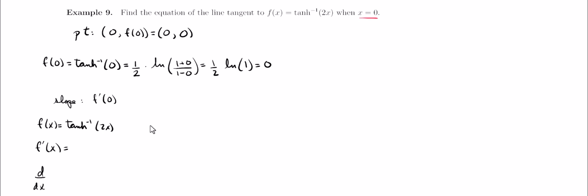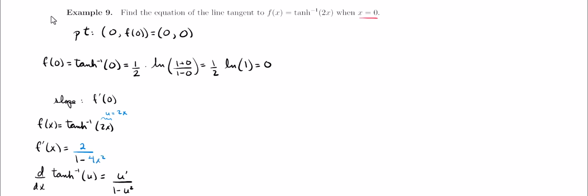The derivative of the tanh inverse of u is equal to u prime all over 1 minus u squared. So we have u is 2x, so u prime is 2, divided by 1 minus u squared, so 1 minus 4x squared.